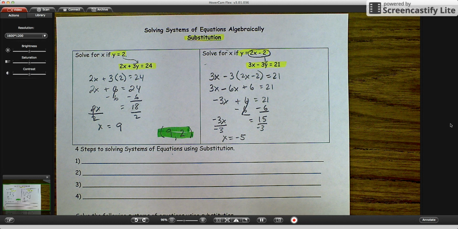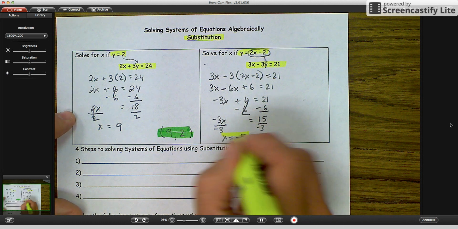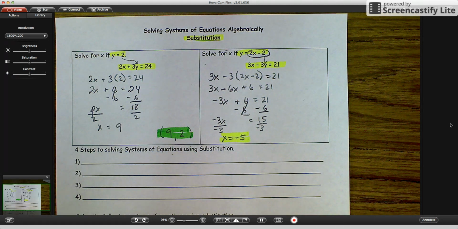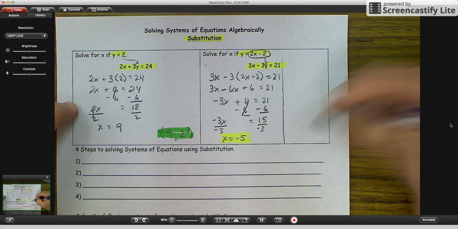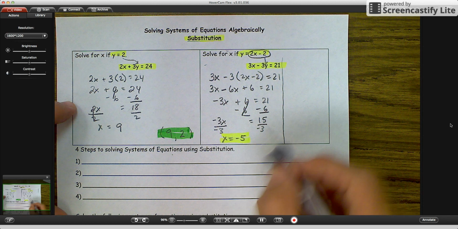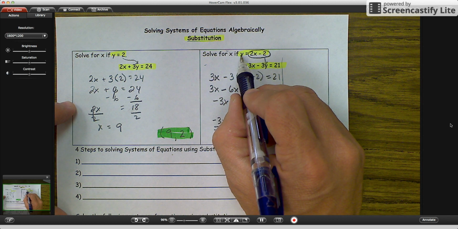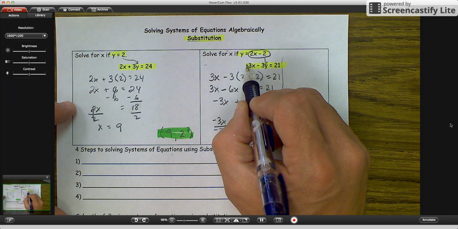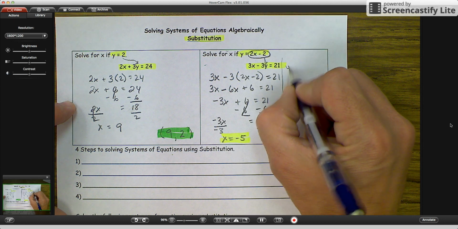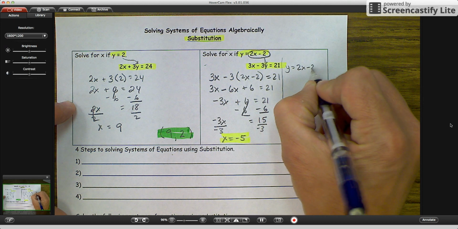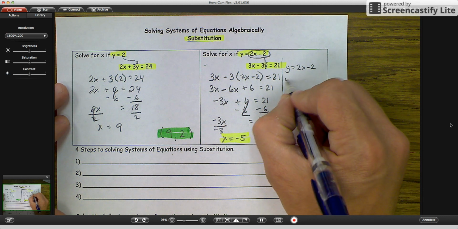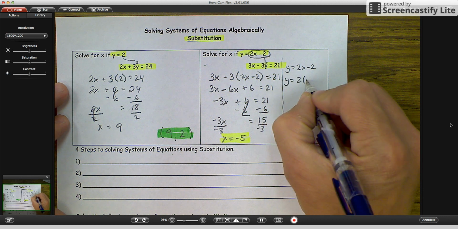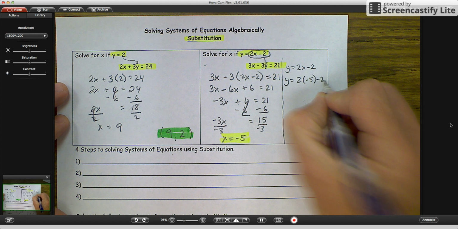So right now we know that our x value is negative 5. That's the first point in the coordinates. But we don't know what our y value is. So we have to take our negative 5 and substitute it back into either the top equation or the second equation. The top equation, since it says y equals 2x minus 2, is going to be easier to substitute it in. So we go y equals 2 times a negative 5 minus 2.